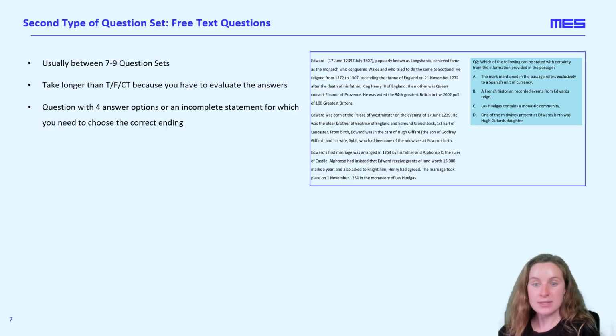And differently to the true, false or can't tell, there are always 4 answer choices, or there is an incomplete statement, and there are 4 options as to how to choose the correct ending for the statement. So there is quite a lot more reading and quite a few more key words that you might need time to digest for the free text questions. So something to be mindful about as you consider timing in this exam.